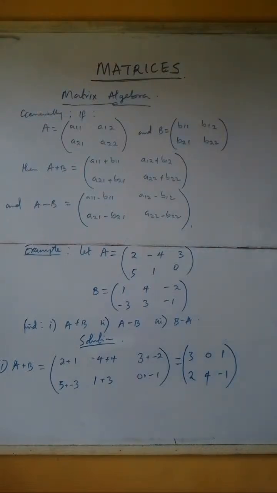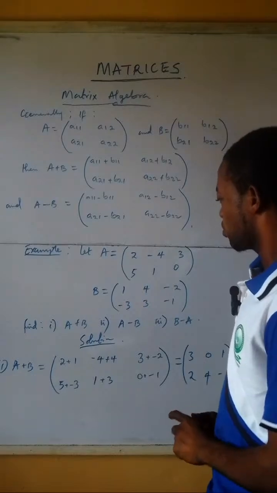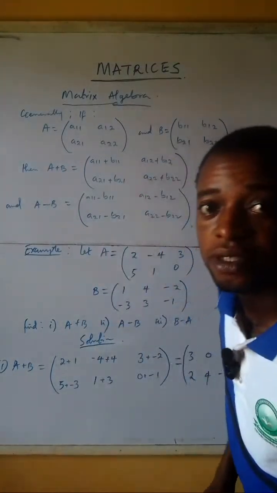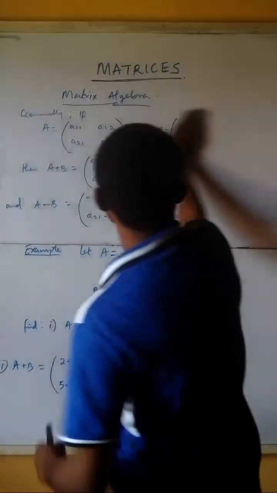Then in the same way, to find A minus B, we subtract the corresponding elements.